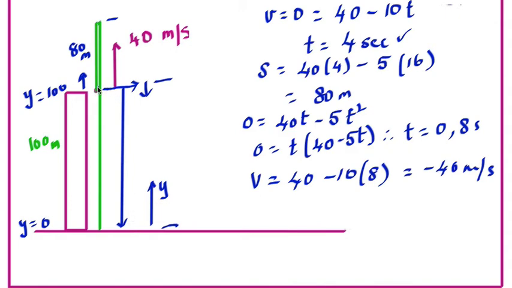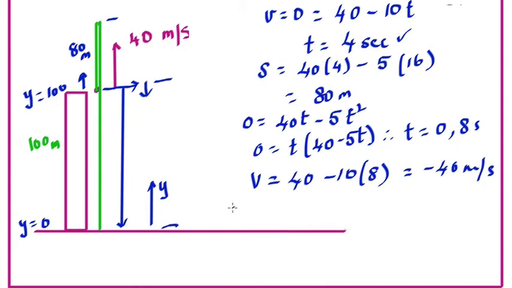That's not true. u and v are velocities at any two instants of time of your choice. For example, I am going to take when it's passing the top of the tower on its way back as my initial time, t equal to 0. And I am going to take when it is just about to hit the ground as the final velocity.